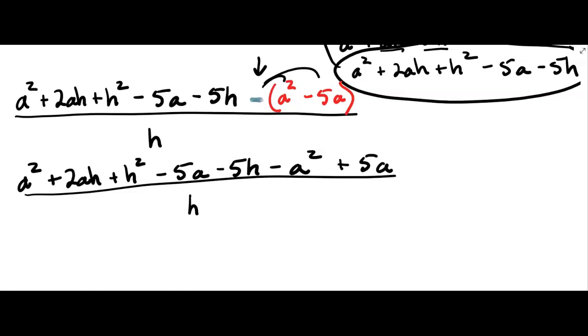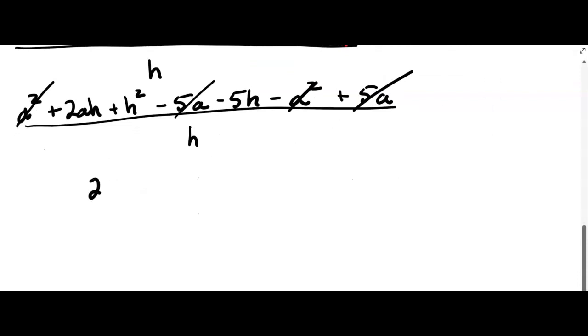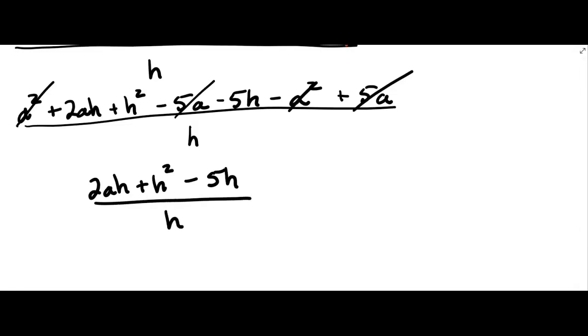Lots of terms. Okay, what happens to the a squareds? Those cancel out. They're one positive, one negative. What happens to the minus 5a and the positive 5a? Those cancel out. So now what do I have left? I have 2ah plus h squared minus 5h all over h.